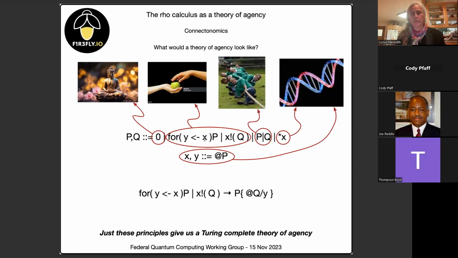Agents are programmed using channels, and these channels are connections between agents. What I was saying about the rho-calculus is that connections are entirely programmable. A connection is just code.